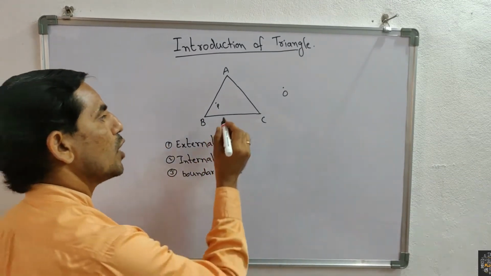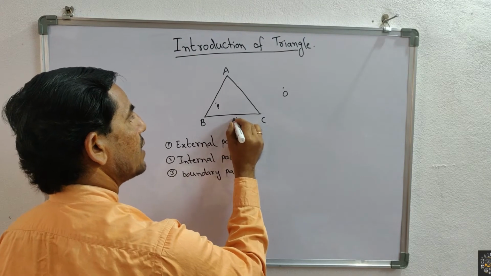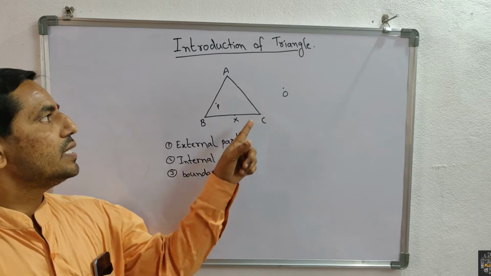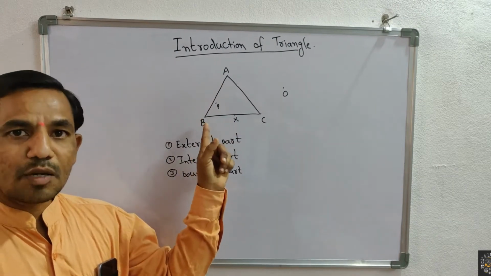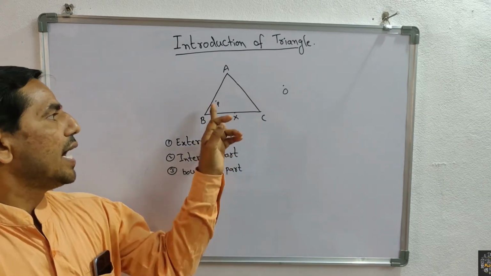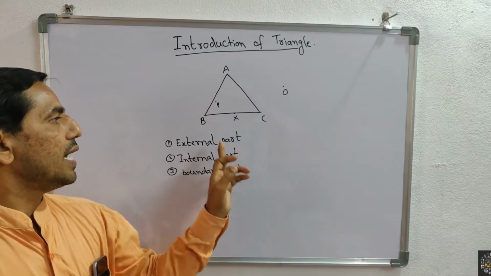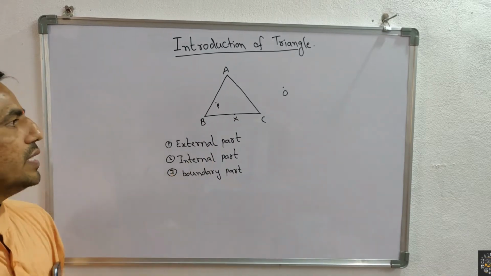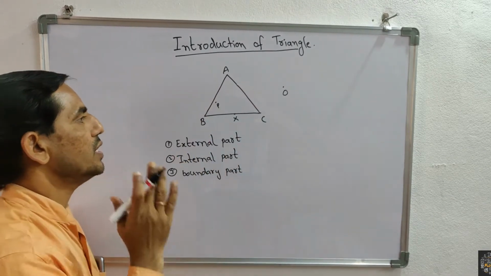Next I am taking one more point, point X. Point X is on the triangle, that means on the boundary. So O is outside, meaning external, P is internal, and X is boundary or on the part.